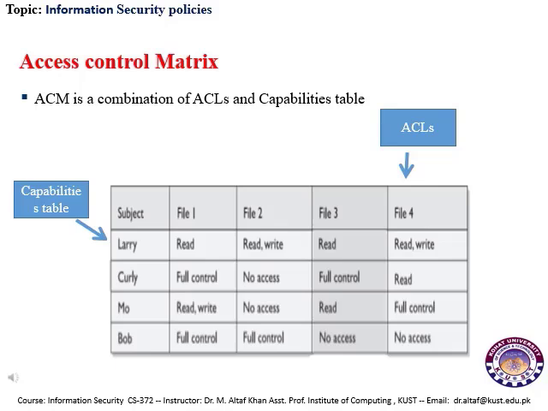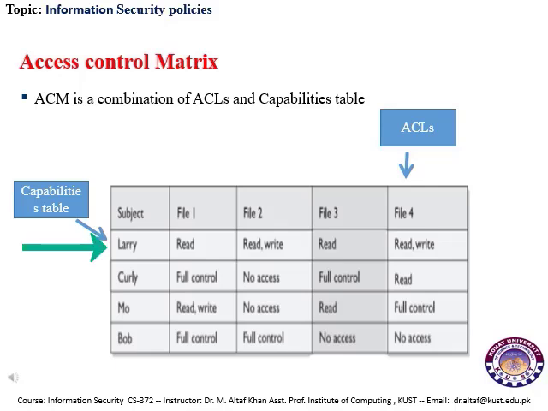Dear students, in the first column we have a header subject, meaning users. So here are some users given in the table and some files. In the next 4 columns we have some files. So the rights of each user are mentioned in this table.